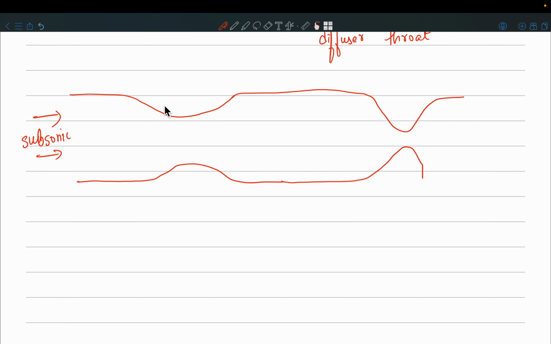So if the shock is not going to occur here, that means the flow never reached the sonic value here, or even if it reached the sonic value, the flow is maybe sonic here, but after that it is again subsonic. So that means this second throat is going to operate in the Venturi regime, right?